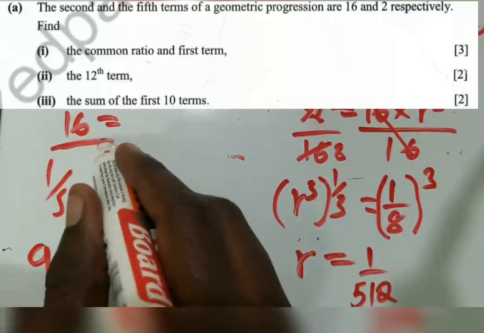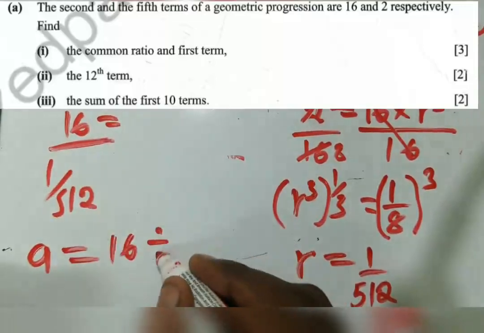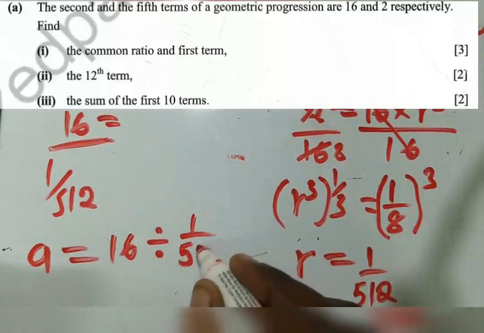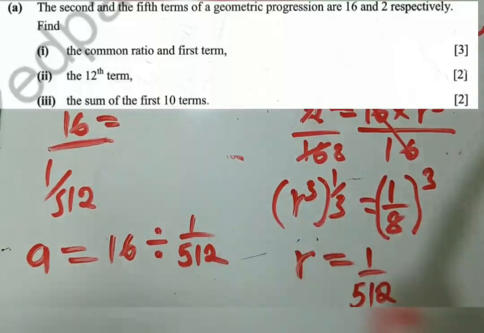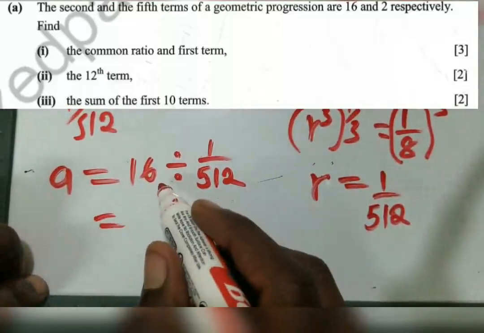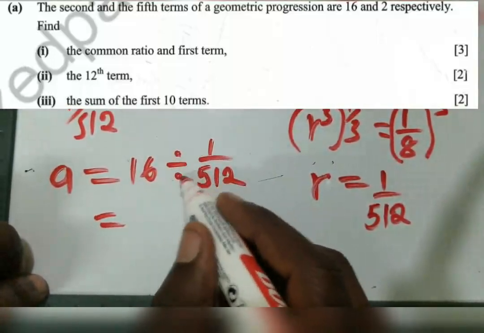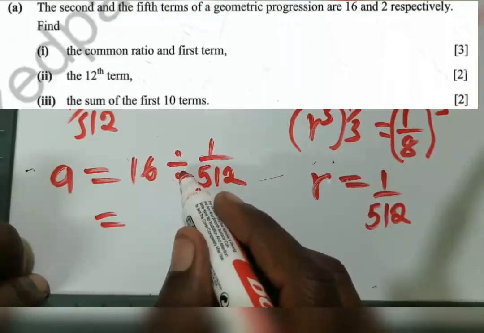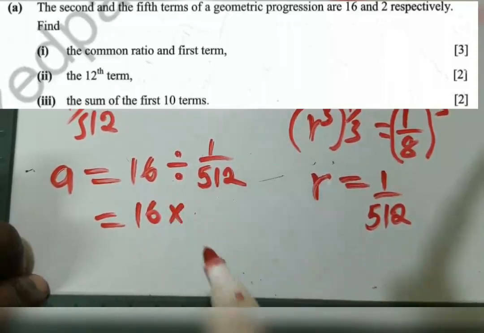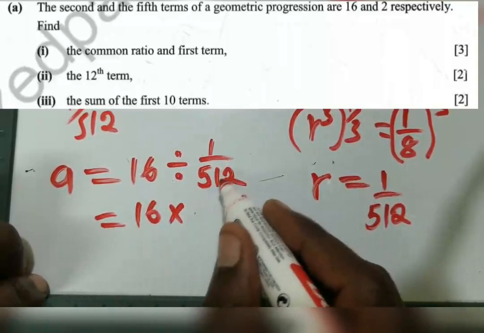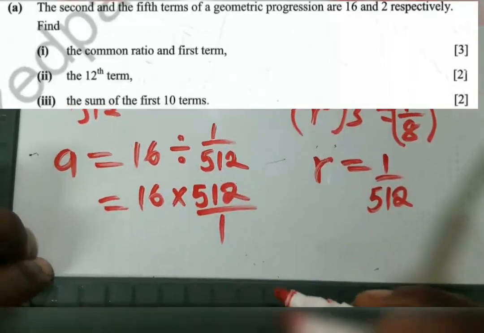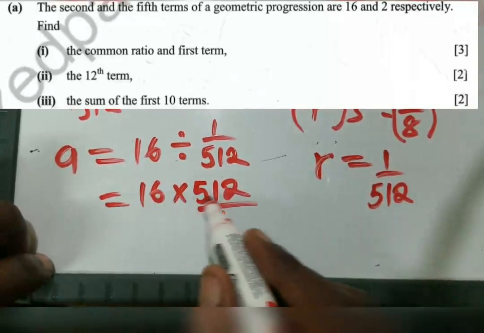This line is division, so we can just say divide by 1 over 512. And this changes to multiplication. Under fractions, this changes to multiplication, and when it changes, the 512 comes up, then the 1 goes down. So we are going to multiply 16 times 512.